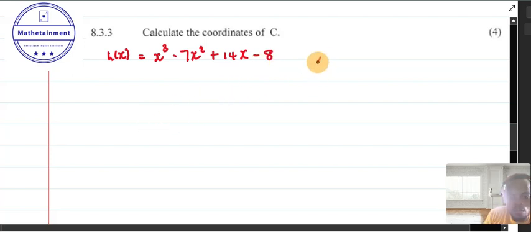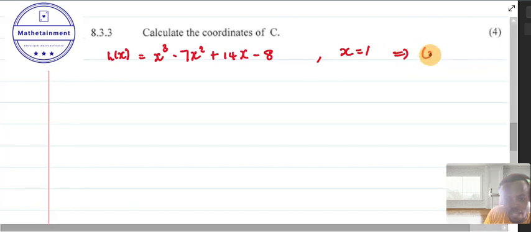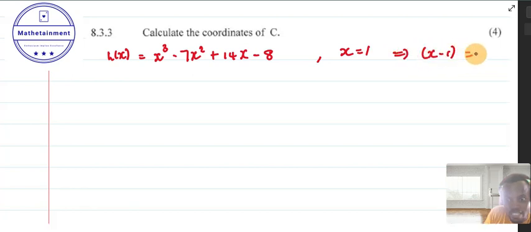But we know that x equal to 1 is a factor, meaning we can rewrite this. If you reverse this, it implies that x minus 1 is equal to 0. So that means we can use x minus 1.